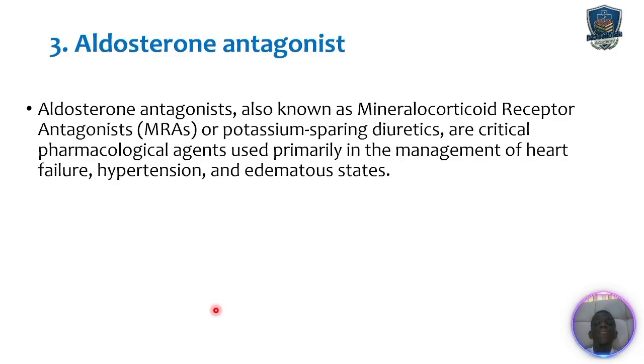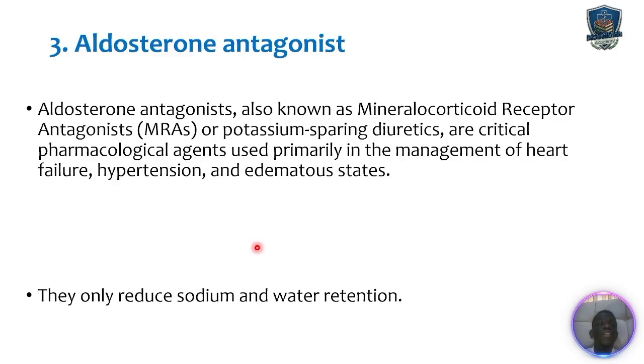This hormone acts on the renal tubules to cause sodium retention or reabsorption and water reabsorption, but it also leads to excretion of potassium. So when you stop this hormone from functioning, you're going to retain potassium. That's one of the mechanisms of action when using the potassium sparing diuretics. But I'm going to explain it well when we discuss our next topic on diuretics.